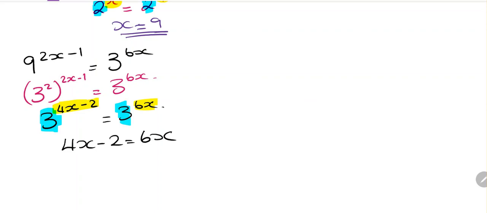So I'm going to minus 4x from both sides. So I will have minus 2 is equal to 2x. Divide by 2. So x is equal to minus 1.